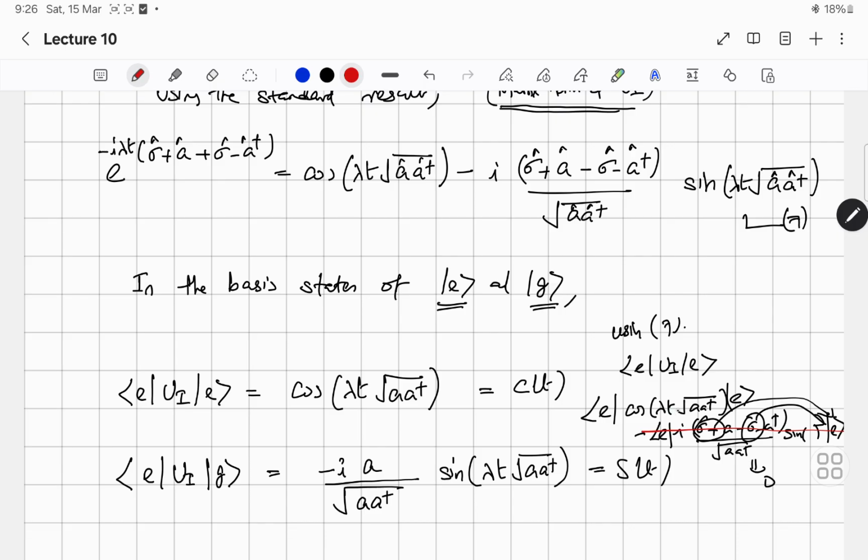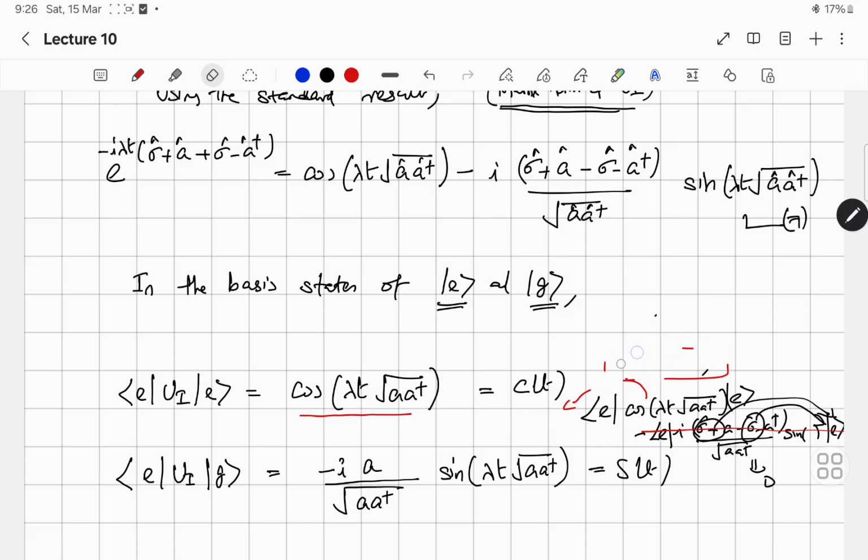So cos of lambda t square root of a dagger a can be taken outside of that inner product, and we get simply the inner product between e and e, that would be 1. So finally the first element of the UI matrix is simply cos of lambda t square root of a dagger a, and I am going to represent that by the symbol c of t. These are symbols which are already used in your textbook, so I am not going to change all these notations.